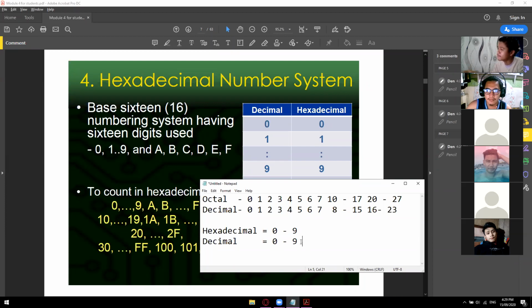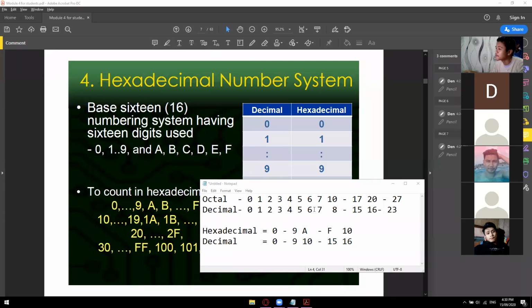Pero kapag meron na tayong value ng 10, ito na yung letter A natin. Okay? So basically 10 to 15 is A to F. And then let's say meron na tayong value of 16. Dito na papasok yung 10 natin.